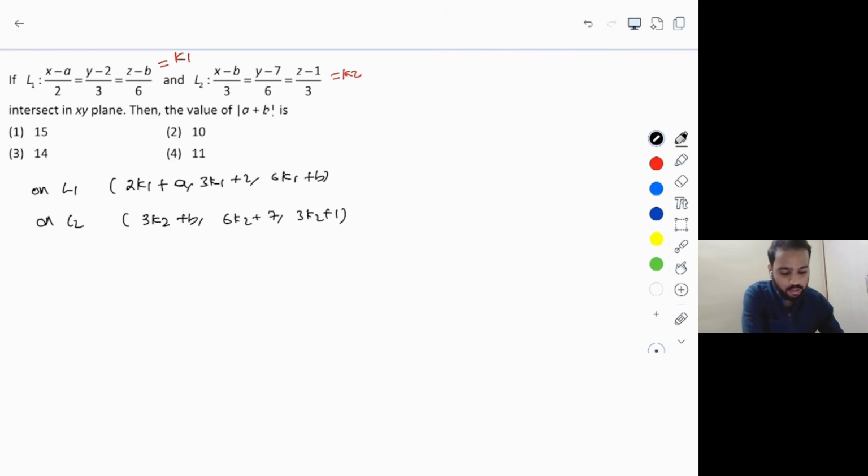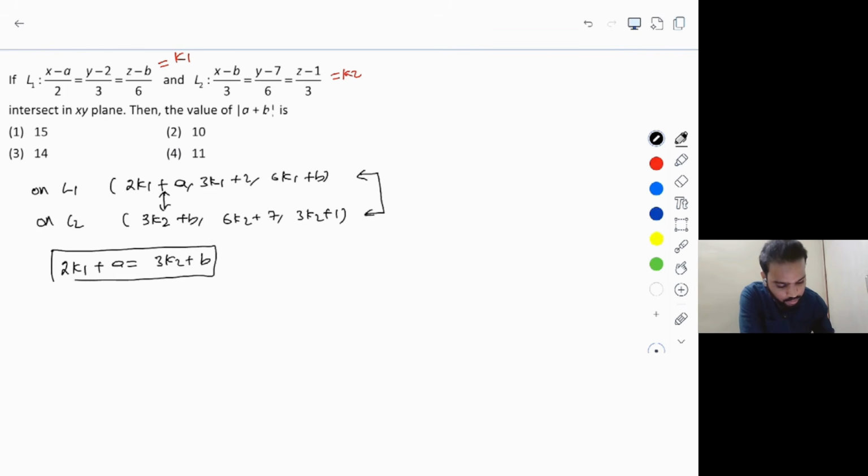Now, clearly, they are saying that the two straight lines are intersecting, first of all. Moreover, they are intersecting in the XY plane. So first, let us concentrate on the intersecting part. If they are intersecting, definitely we can equate all the corresponding coordinates. So what we get is 2K1 plus A equals 3K2 plus B. Let's take it as one condition.